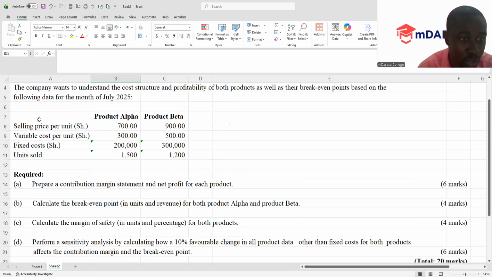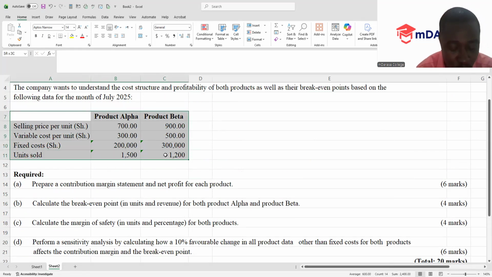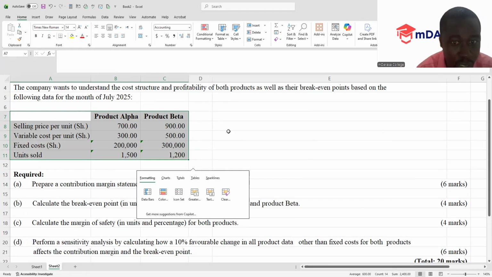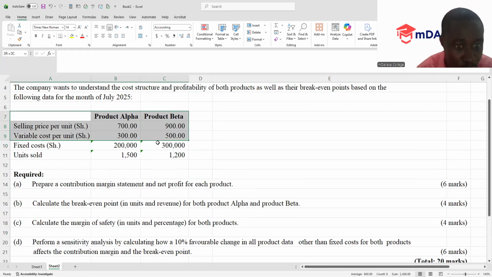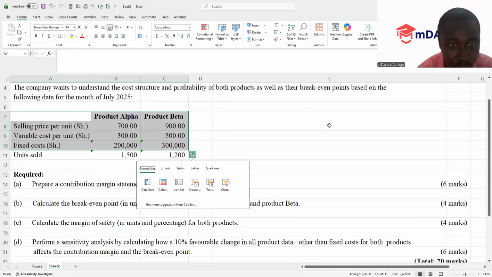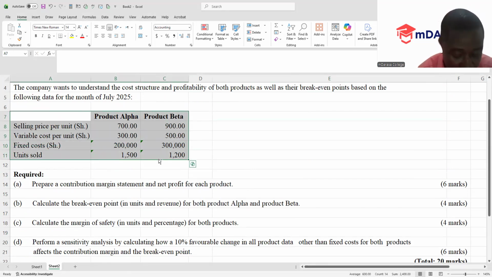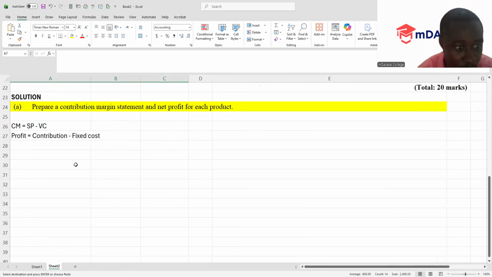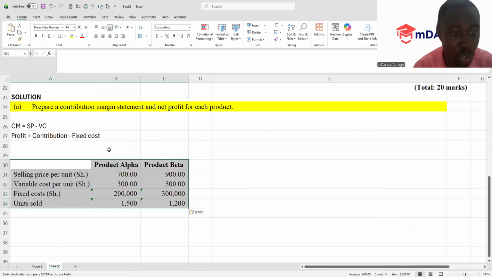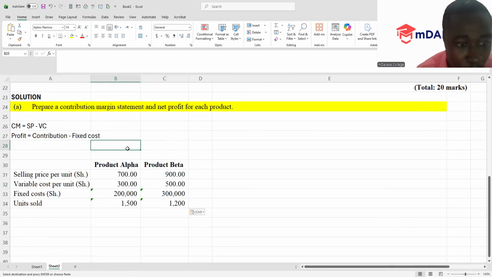So in this context, you take the two products given. Exactly as we are given, we are going to copy and paste. So this is the data that you're given. I'll just copy and paste all of this at once. We have it here. All you want to prepare is the contribution margin statement and the net profit.